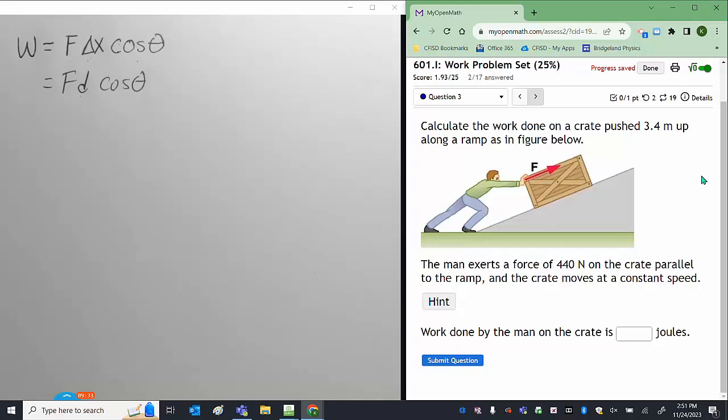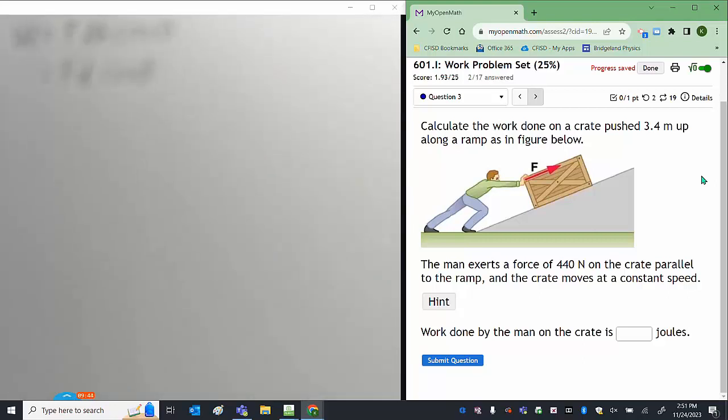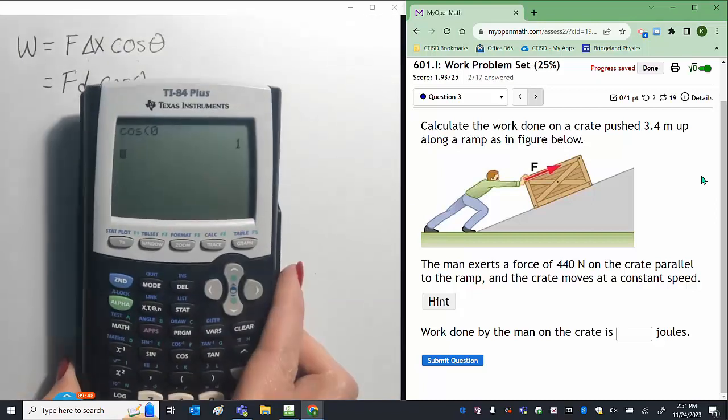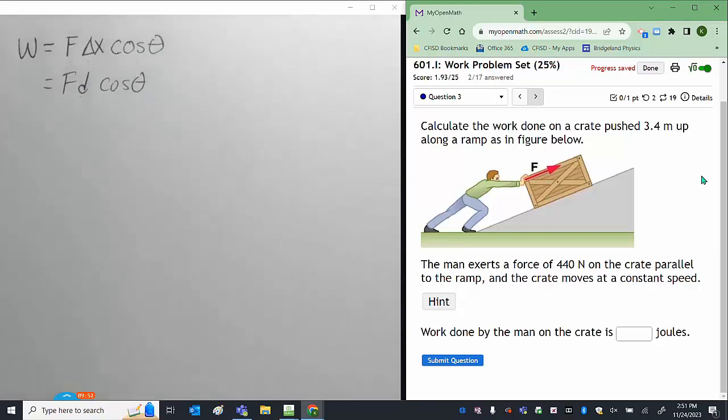And so you're doing a cosine of 0, which of course is 1. So you don't really need this part. If your entire force is parallel to your displacement, you can simply multiply the values. Again, cosine of 0 is 1. So if you want to plug in 0 degrees, since it is along the same axis, you can.